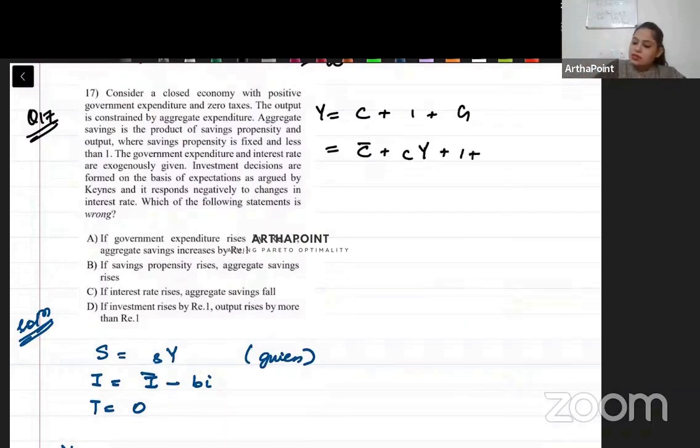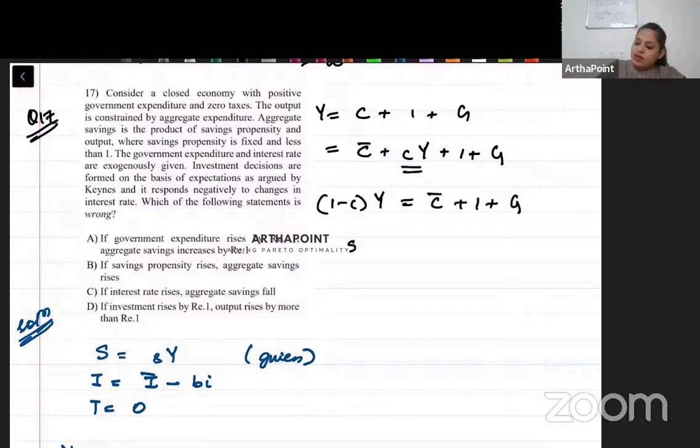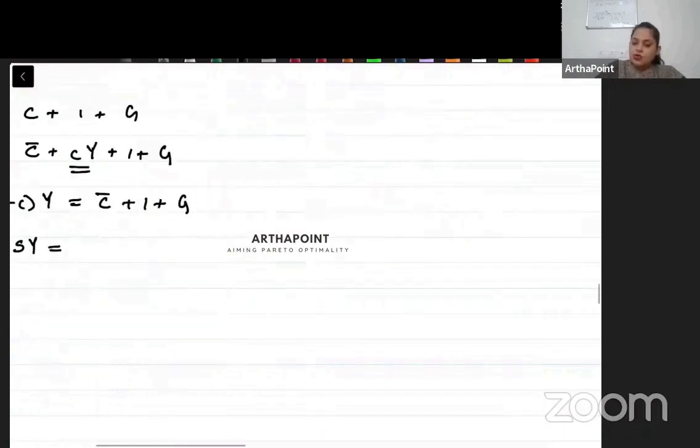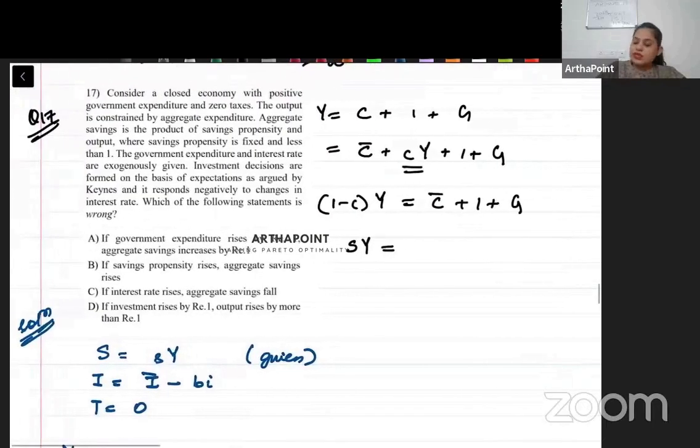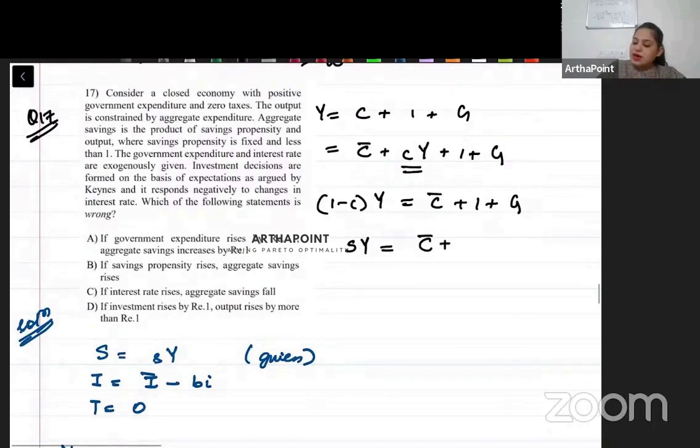Plus I plus G. So if I bring this on the other side, I will get 1 minus C times Y is equal to C bar plus I plus G. So I will get SY. 1 minus marginal propensity to consume is marginal propensity to save. We know that, right? So we know that C plus S is 1. So S is 1 minus C. So we will get SY as C bar plus I plus G.